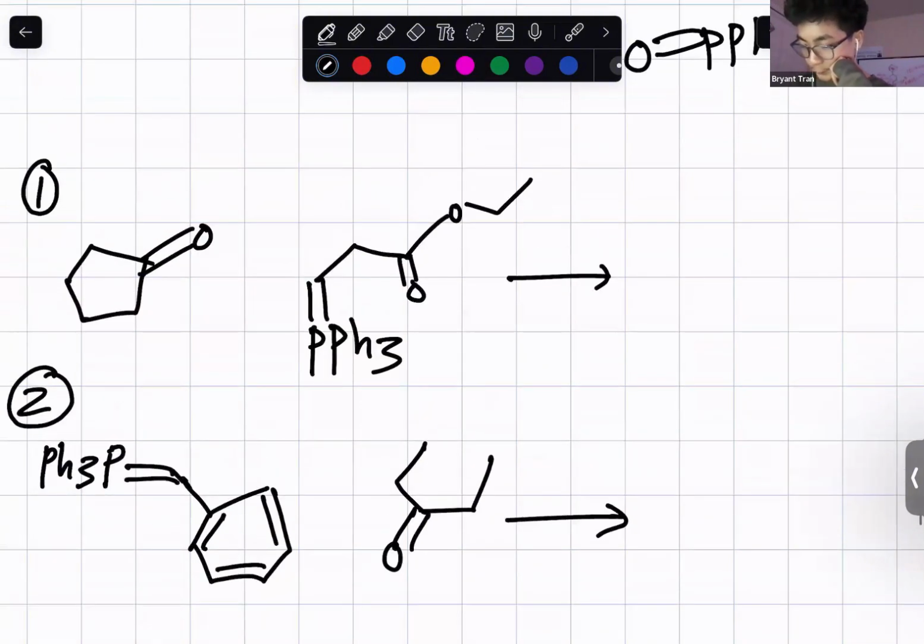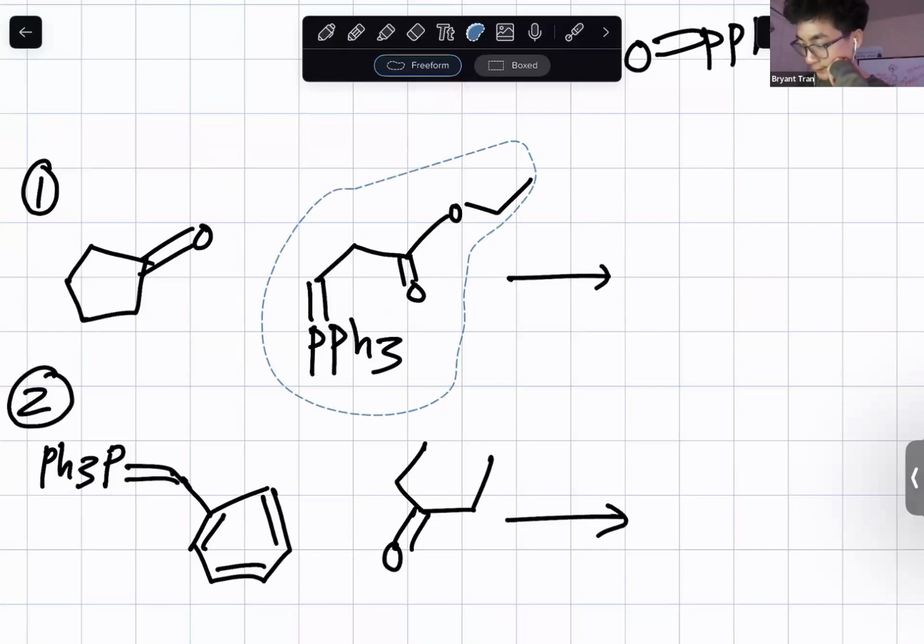So predict the product for these two reactions, and for practice, draw out the mechanism as well.